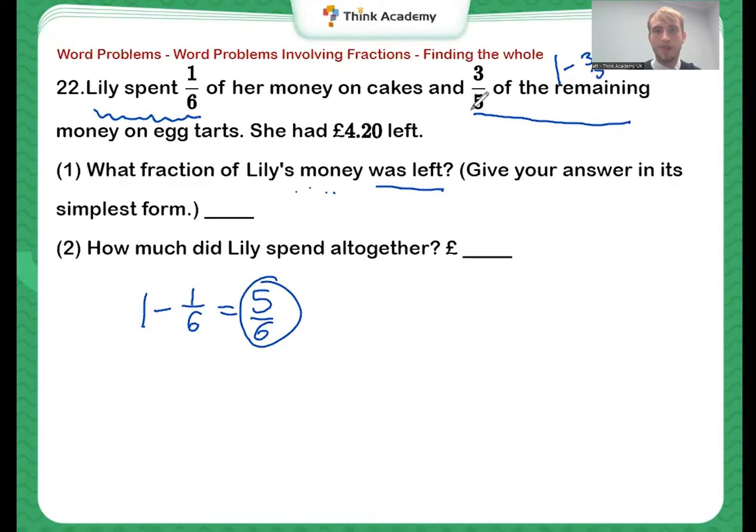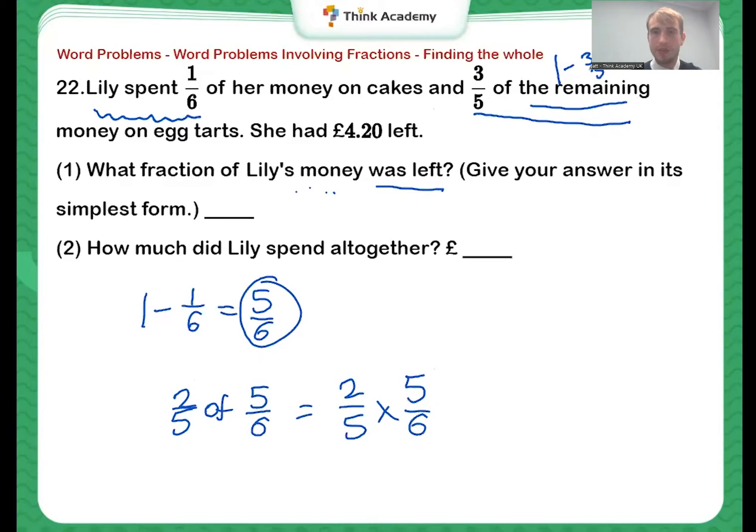So you have to find 2/5 of that remaining money. That's 2/5 of 5/6, and when we find a fraction of a fraction, we times them together and you get 2/5 times 5/6. With some nice simplification, you get 1/3. Okay, so that's your answer to that question.